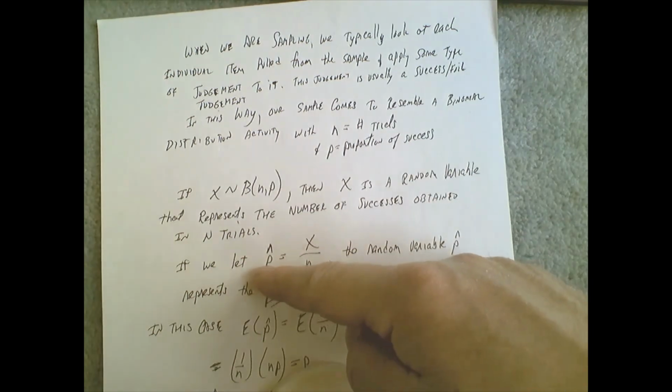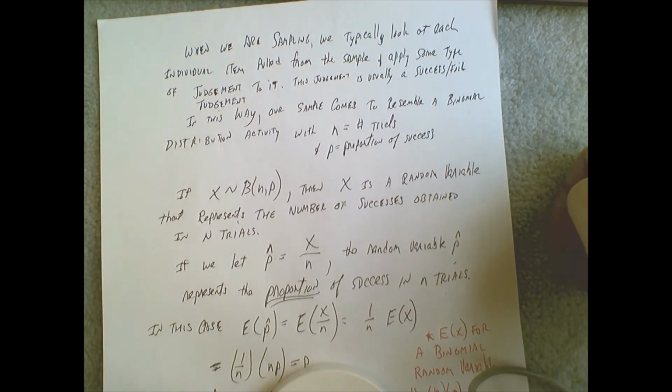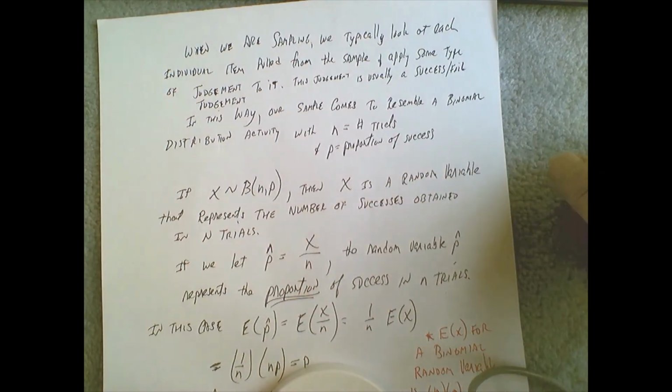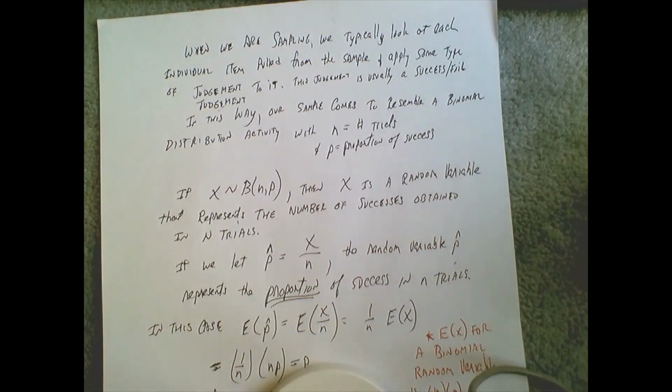Now, if we let p hat come from our sample and be nothing more than the number of successes divided by the number of trials, well, this random variable p hat is nothing more than the proportion of success in n trials. So let's say n was equal to 15 and we had 5 successes.